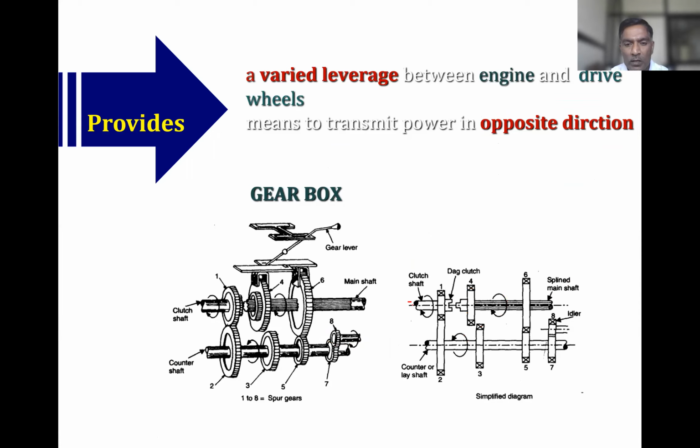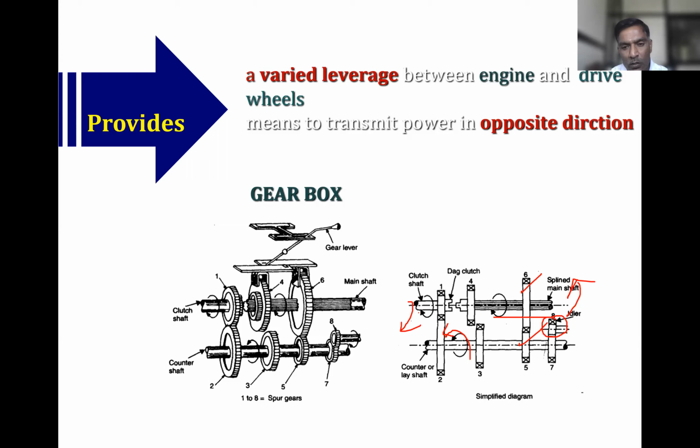If this is rotating in clockwise, this will rotate in anti-clockwise. So if we provide this idler gear in between the gear on the main shaft and the gear on the lay shaft, we will get the direction of this main shaft in opposite to this clutch shaft.